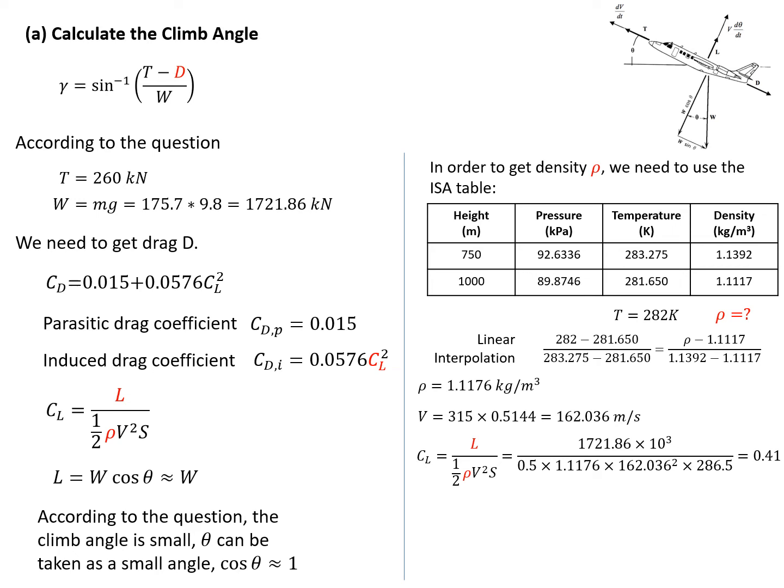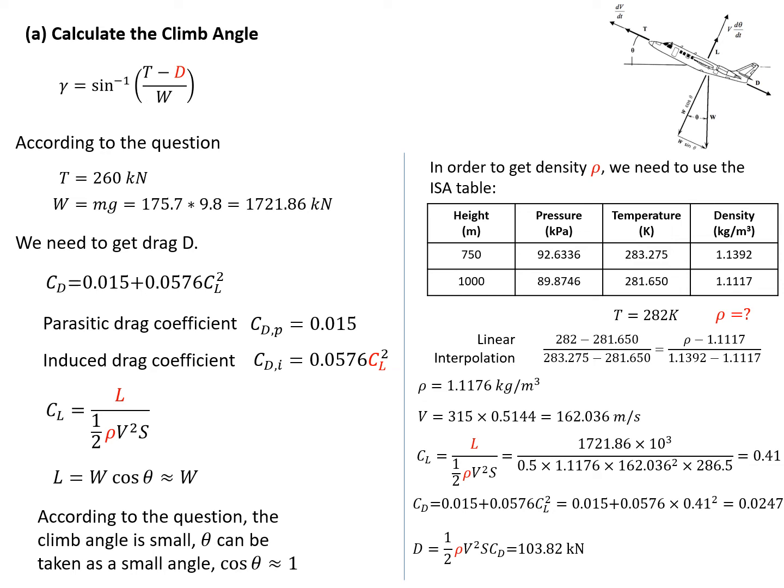So we know the lift coefficient, we just trace back the drag polar, and we can have CD, which is 0.0247, which is quite small. Okay, then we can have the drag based on the definition of CD, half rho v square times S times CD.